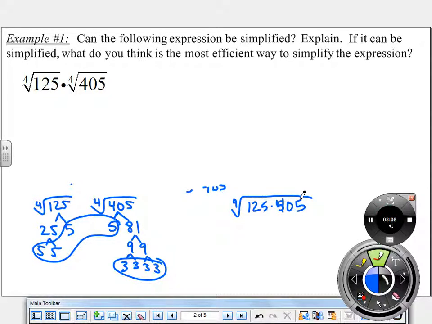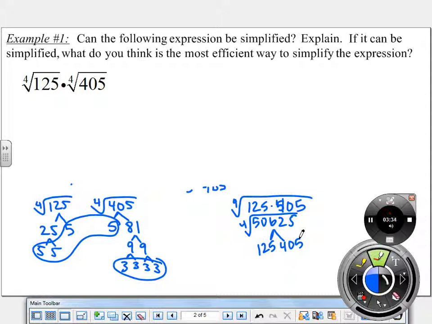What number did you guys get when you multiplied them together? 50,625. All right. So when you got 50,625, if you did it that way, I could have known that right after I got that, this could break down to be 125 times 405, because those are the 2 numbers I multiplied to get that number. Therefore, I would know that those are factors. So is it okay for me to look at the factors beforehand?